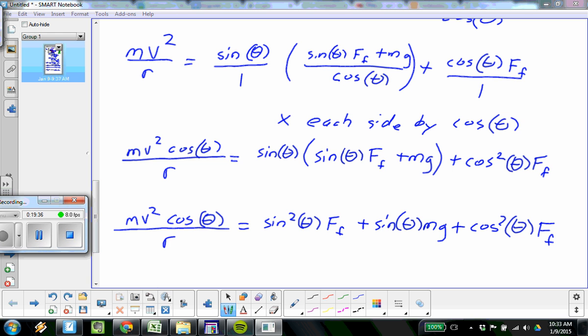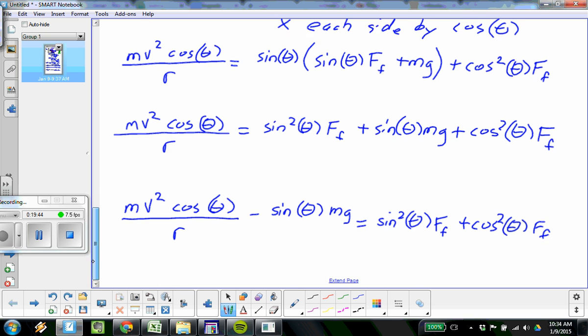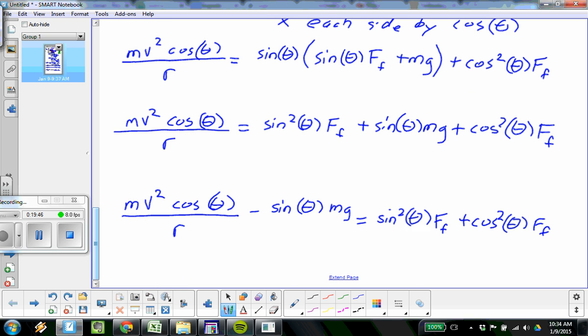Again, all I need to do is get the friction force alone, so I'm going to subtract sine theta mg from each side, and so when I do that, I will get this here. What I've got is sine squared theta times the friction force plus cosine squared theta times the friction force.